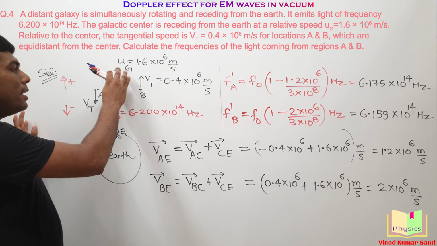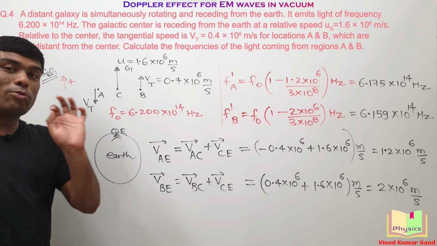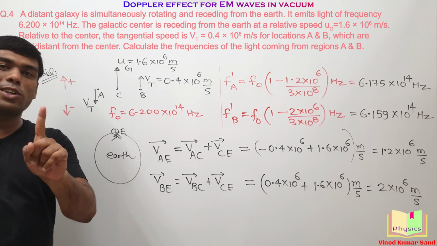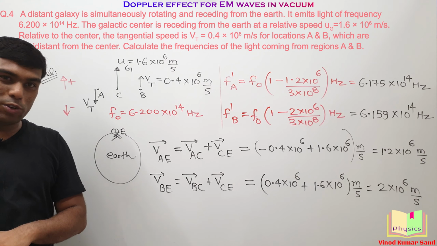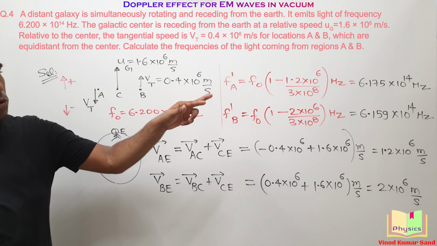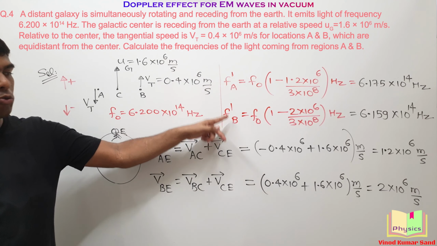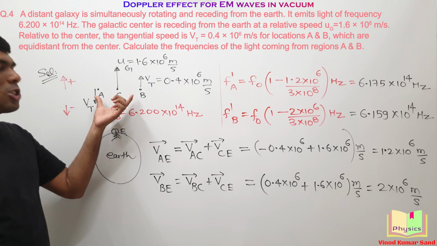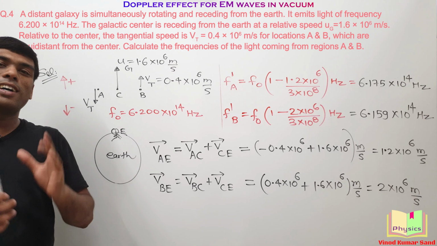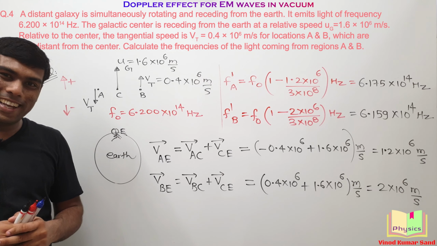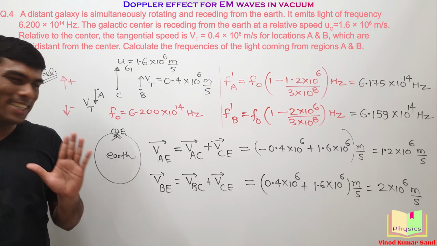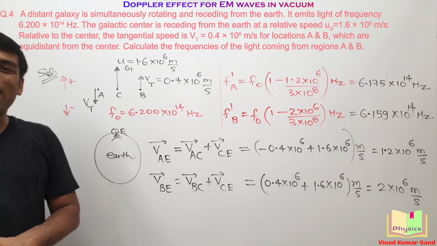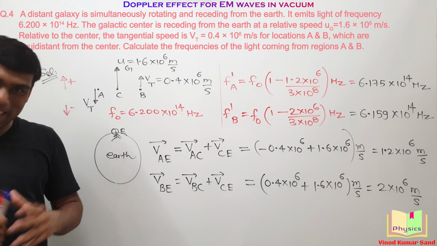So from any point of this galaxy, if we get the light, it will be red shifted. And by figuring out the differences of the frequency, the astronomers can actually determine the spinning speed of this galaxy. Got it? Note it down, then I'll bring up the next important question.